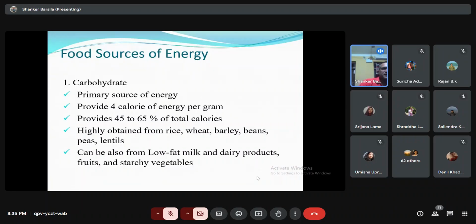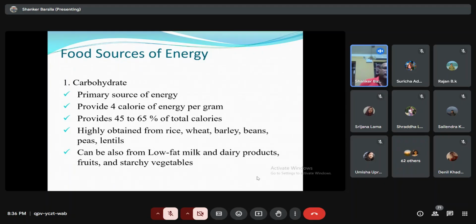So the sources of energy: we know it is carbohydrate that provides 4 calories of energy per gram, and it may be a portion of your diet up to 45 to 65% of the total calorie requirement. Cereals, millets, beans, and legumes would be good sources of energy, and it can also be obtained from low fat milk and dairy products, fruits, and starchy vegetables.